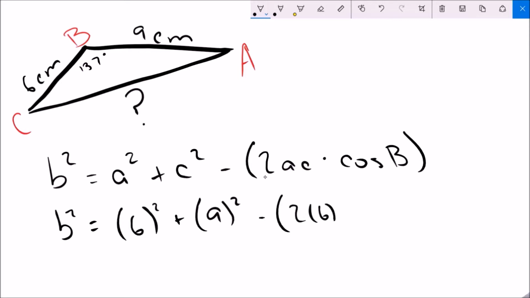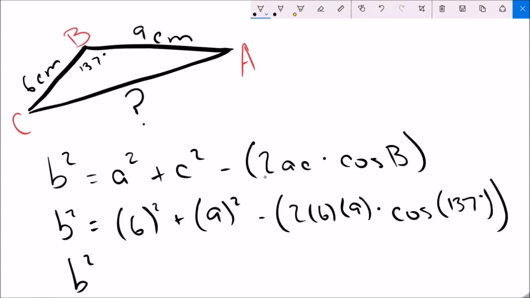This gives us b squared is equal to 6 squared plus 9 squared minus 2 times 6 times 9 times cosine of 137 degrees.